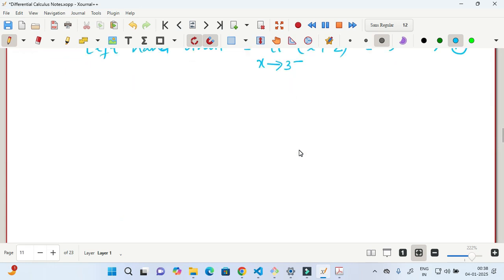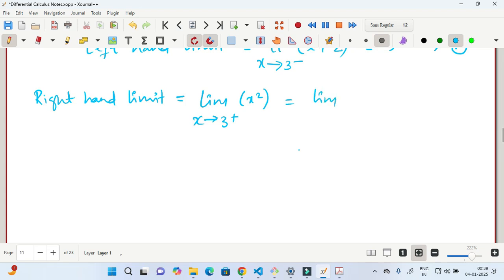Now let's find the right hand limit. Right hand limit is limit x tends to 3 plus of x square, which is equal to limit x tends to 3 plus h.